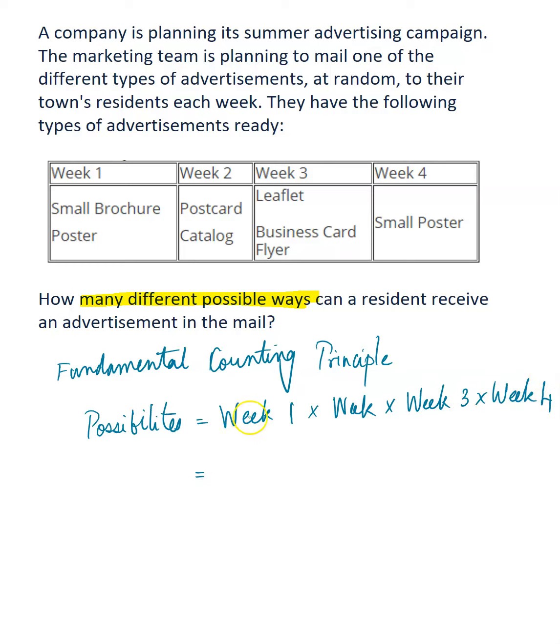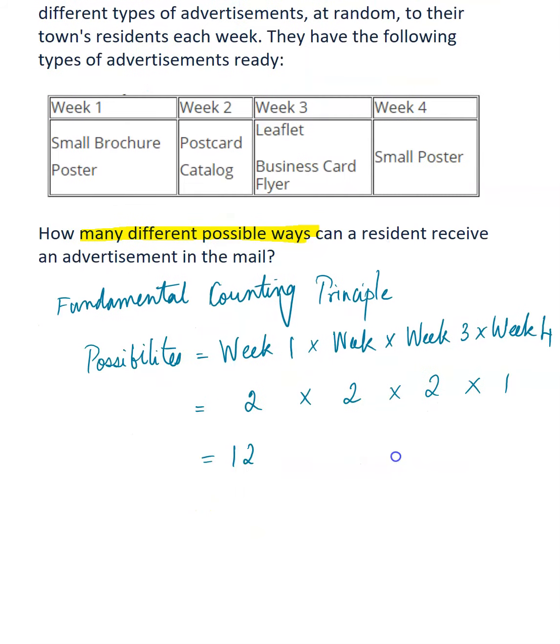So what we have here is 2 possibilities in week 1 times 2 possibilities in week 2, 2 in week 3 and 1 in week 4. Multiply these out, you get 12. So the answer is that there are 12 ways that a resident can receive an advertisement in the mail.